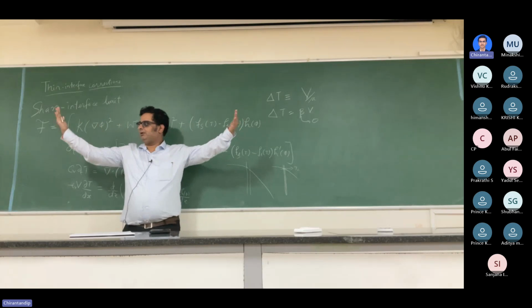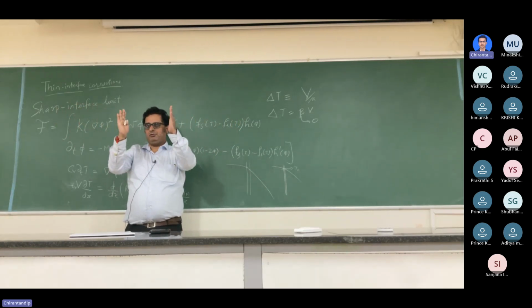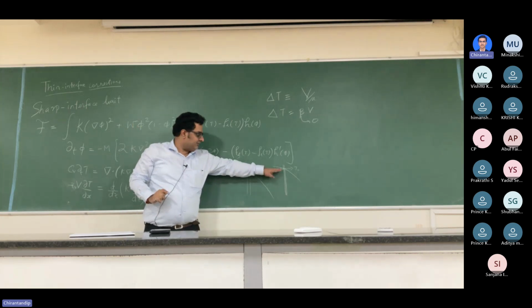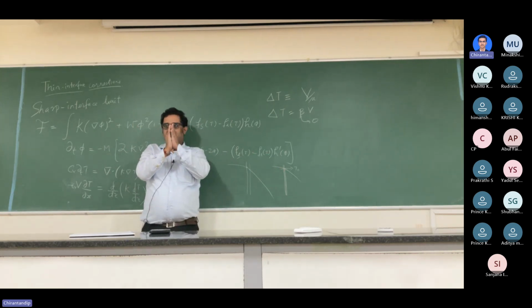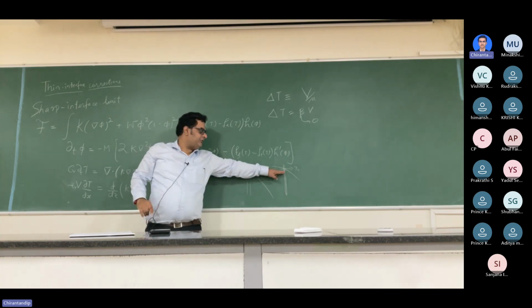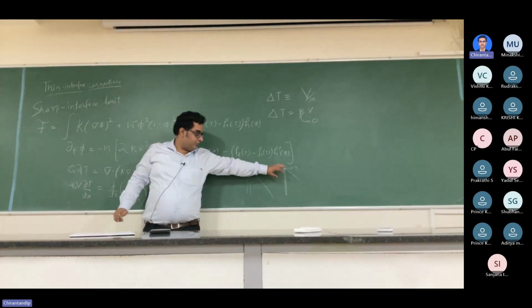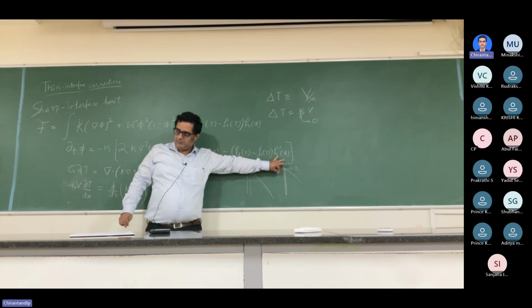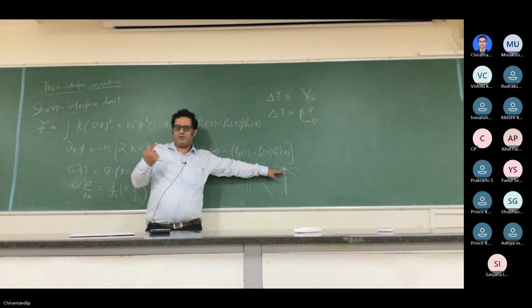Think about it: I'm taking a large interface and reducing it, and the temperature drop over here is getting smaller and smaller. Essentially it is going to become a point as the interface width goes down to 0. So as you reduce the interface width in the sharp interface case to 0, you reach the limit that the temperature of the interface assumes a constant.